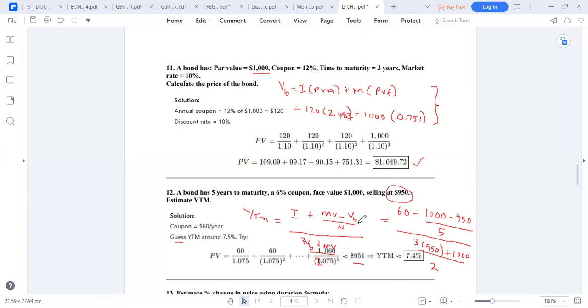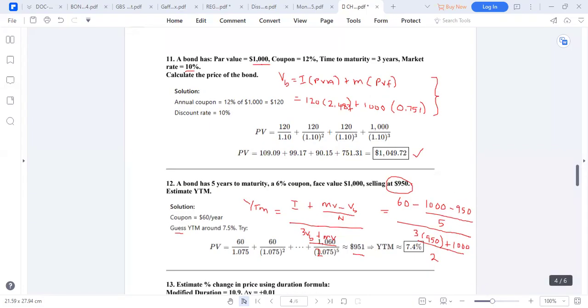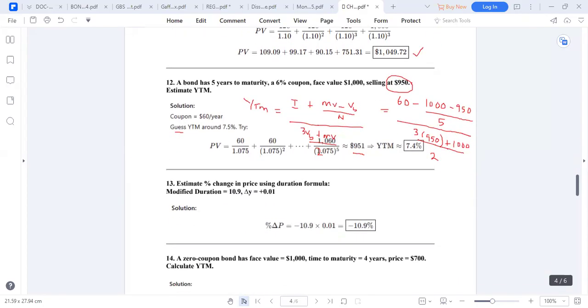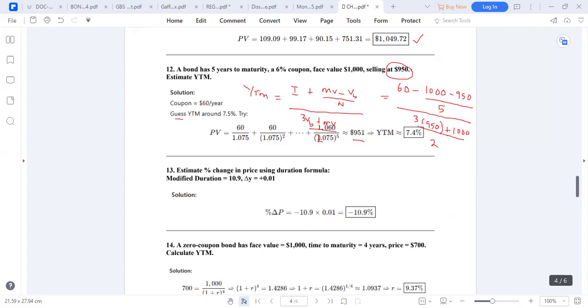So you need to try a number of them. But this will give you a certain range within the percentage you can guess. That was called interpolation. Are we together? Is that clear?